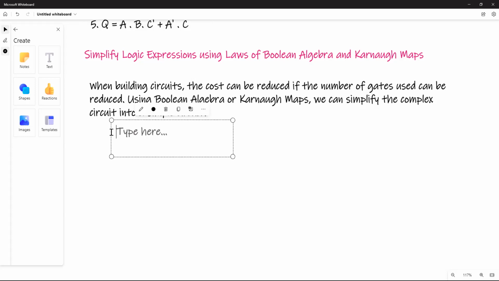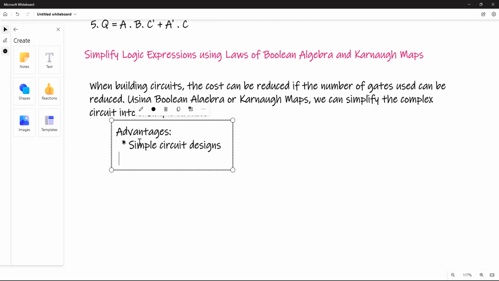So we can say you will have simple circuit designs.